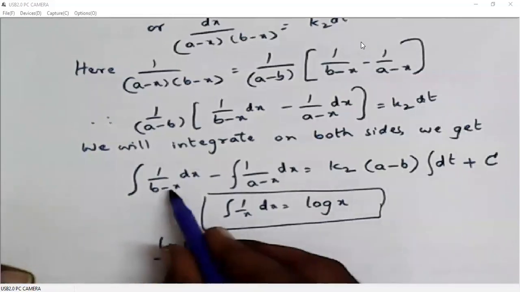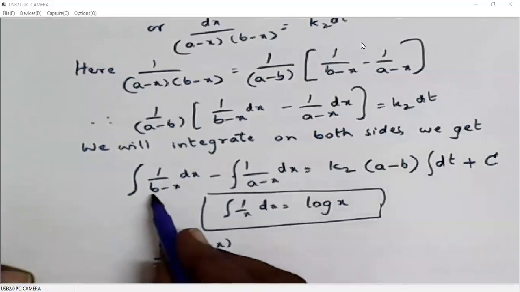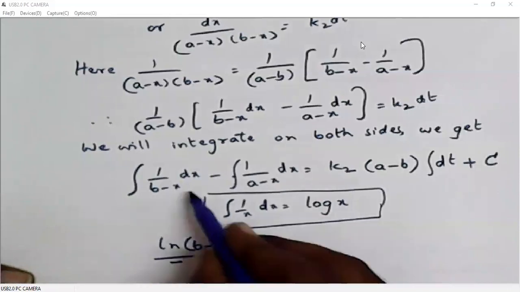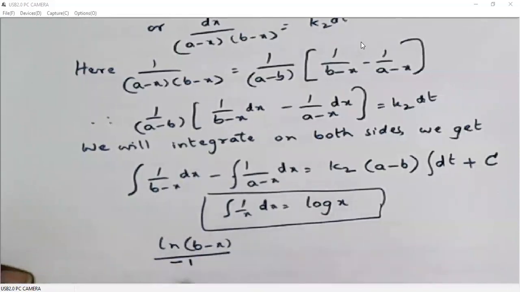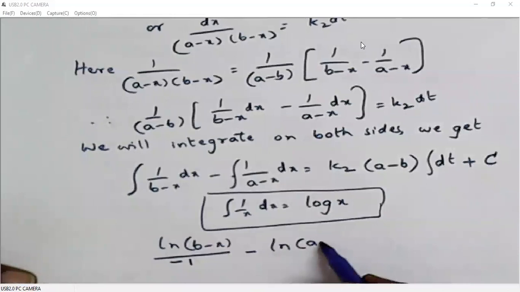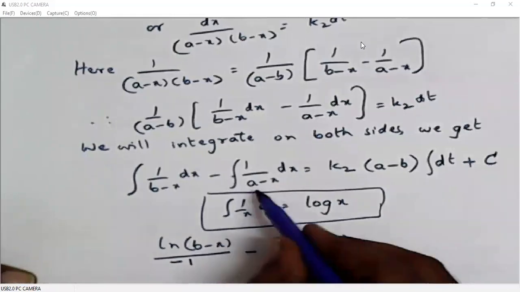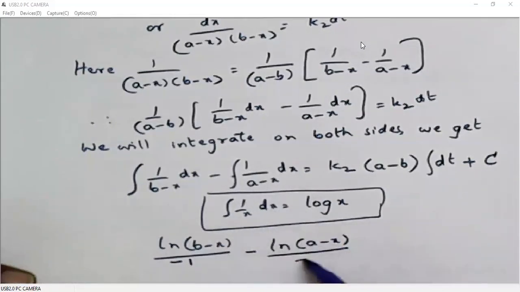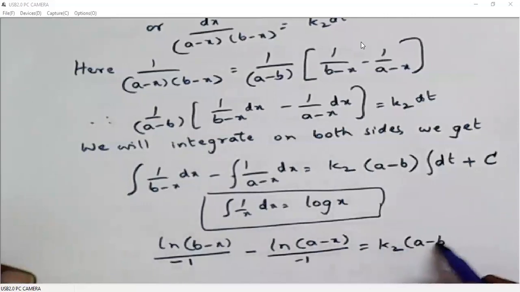So what is the differentiation of B minus x? B is a constant, so its differentiation is 0, and minus x differentiation is minus 1 with respect to x. We have minus here. Integral 1 by (A minus x) is ln (A minus x) by the differentiation of A minus x, which is 0 minus 1, so it is minus 1, is equal to K2 into (A minus B) into t plus c.